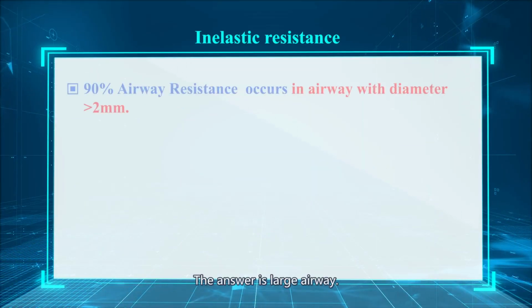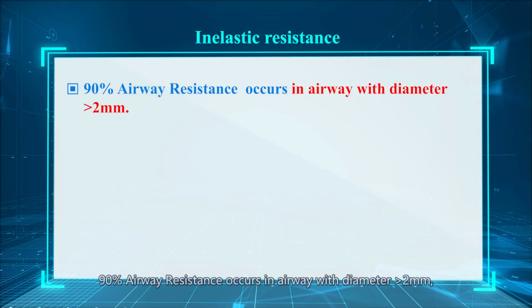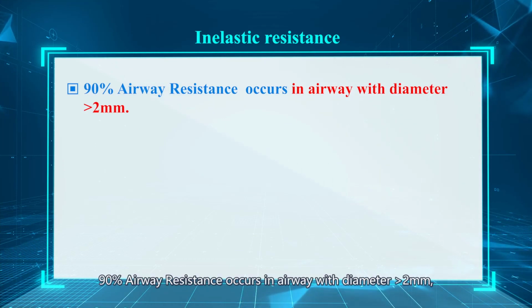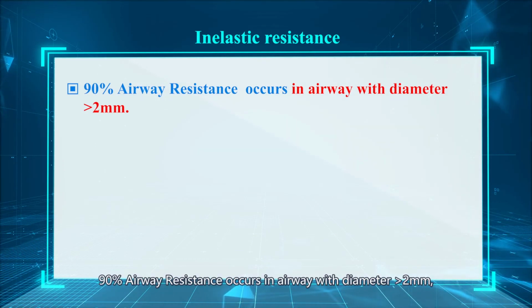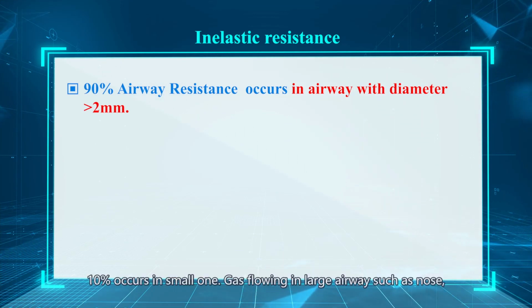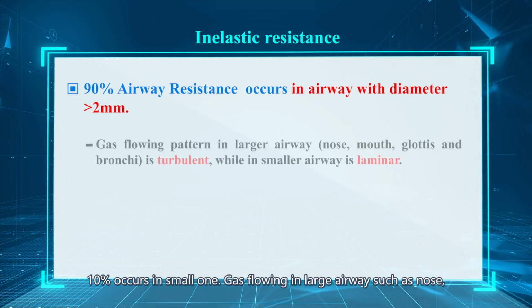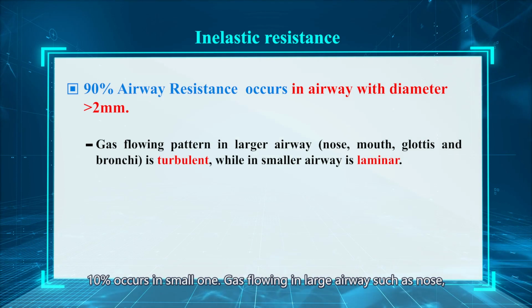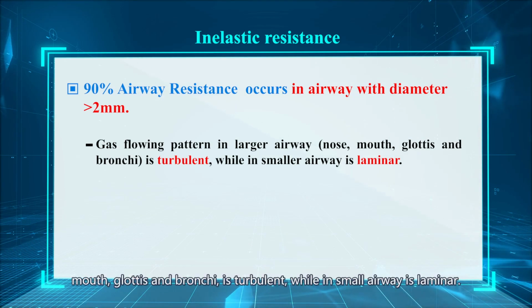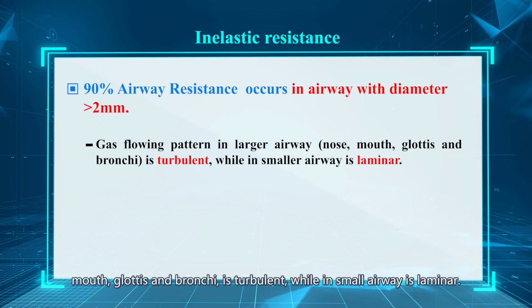The answer is large airway. 90% of airway resistance occurs in airways with diameter more than 2 mm. 10% occurs in small ones. Gas flowing in large airway such as nose, mouth, glottis, and bronchi is turbulent, while in small airway it is laminar.